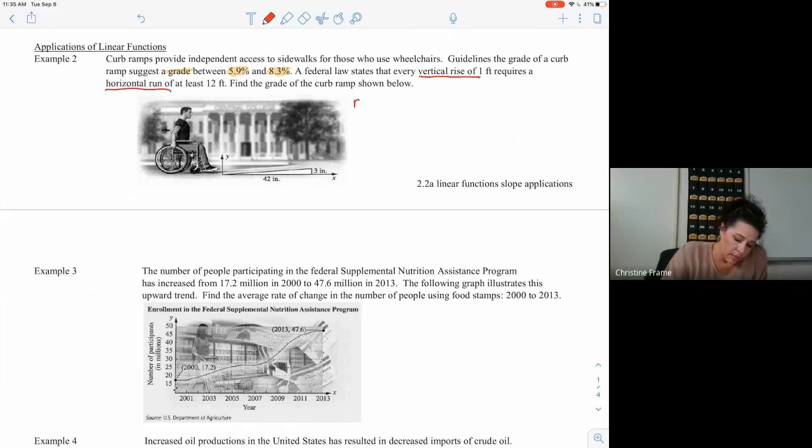So we want rise over run. Our rise is 3 inches and our run is 42 inches. And somehow we have to figure out what grade that is as a percent to the nearest tenth. So what can we do? Any suggestions?